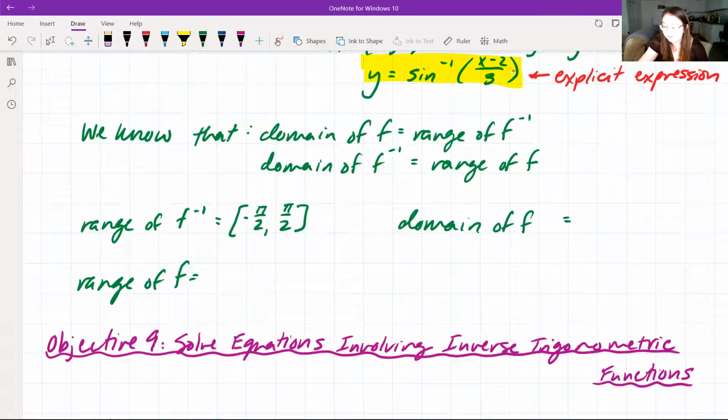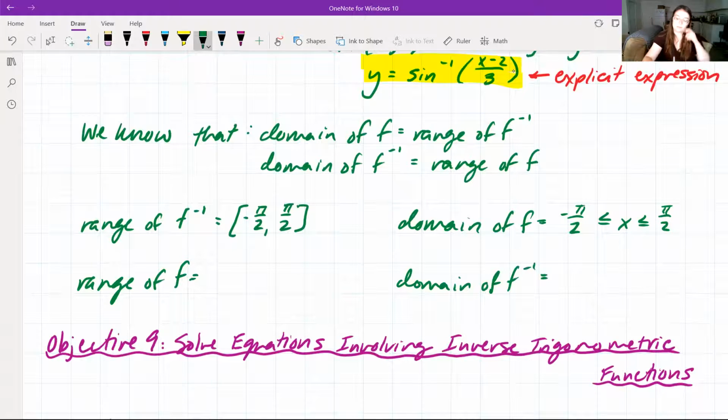We already know that our domain of f was negative pi over 2 less than or equal to x, which was less than or equal to pi over 2. So now we want to find the domain of f inverse. We know these values are going to be equal, so we're just looking for one value in this case.